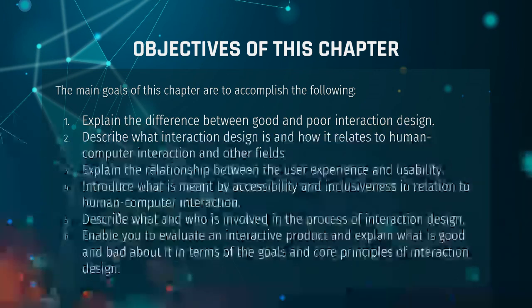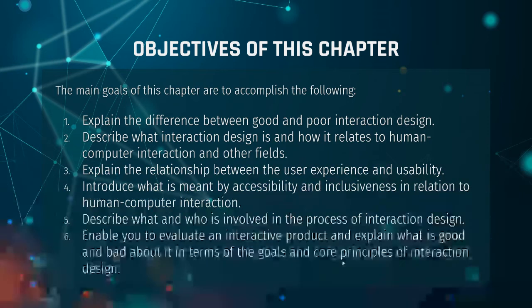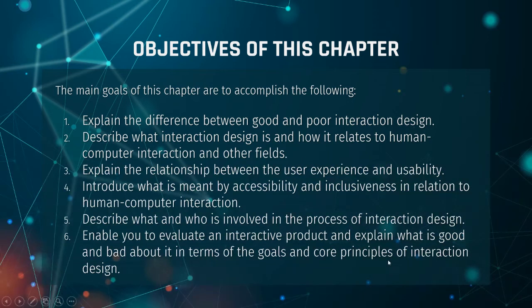And for the next one, you will be able to describe what and who are involved in the process of interaction design. And last but not the least, you'll be able to evaluate an interactive product and explain what is good and bad about it in terms of the goals and core principles of interaction design. Okay, so let's start.